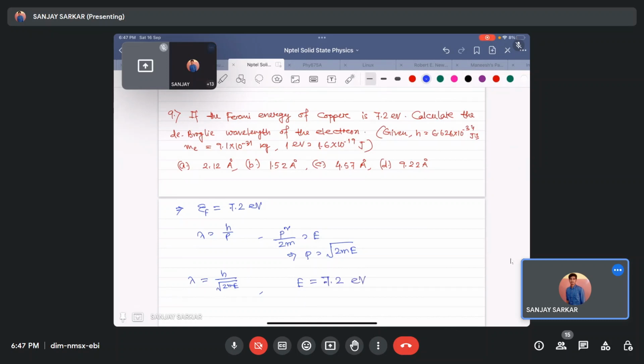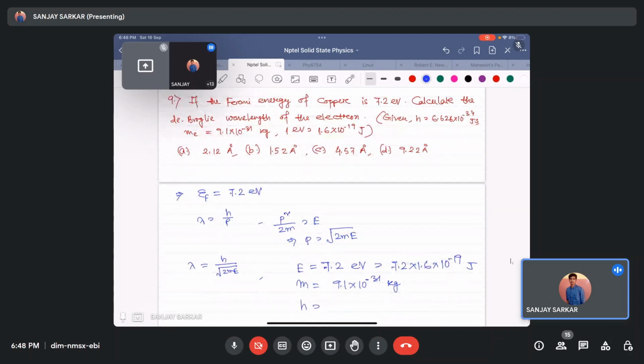Then this can be converted into joule. m is also given, 9.1 into 10 to the power minus 31 kg, and h is given as 6.626 into 10 to the power minus 34 joule second.